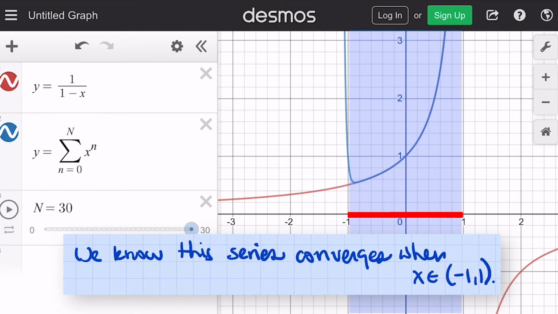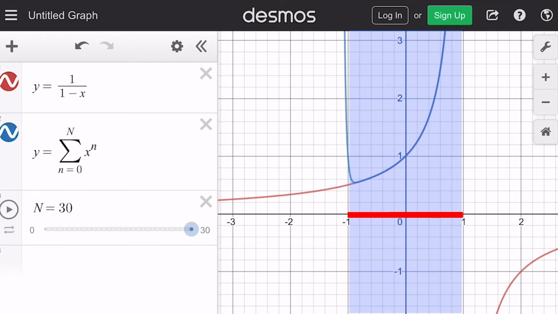So we would refer to -1 to +1 as the interval of convergence for this power series. And what we're doing today in 11.8 is basically going to look at various power series and determine exactly what their intervals of convergence are. Because the interval of convergence tells us exactly where that series behaves like a function.